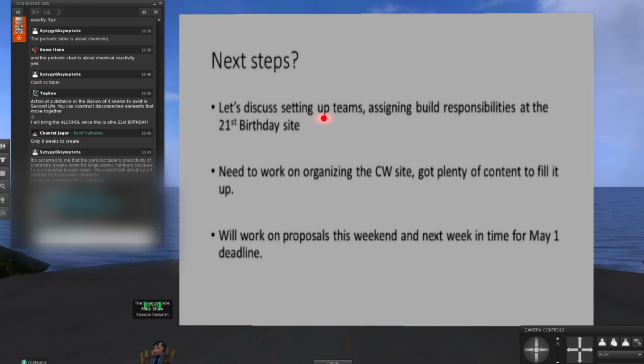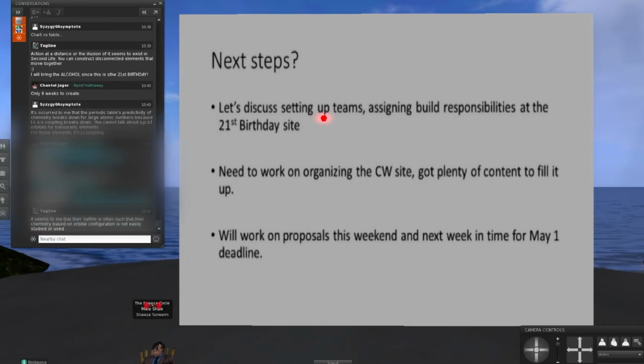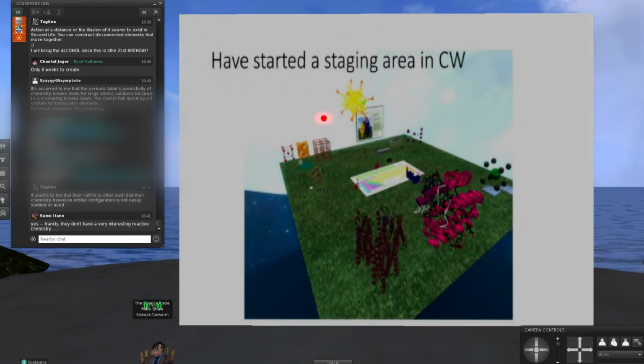I'm hoping to get this done. We'll have all of May to build, even if it's not chosen as something that is displayed at the 21st birthday celebration. This will be a nice way of building some more content for both the Science Circle site and for the Chemistry World site. So, in that connection, I've put up a platform up in Chemistry World.